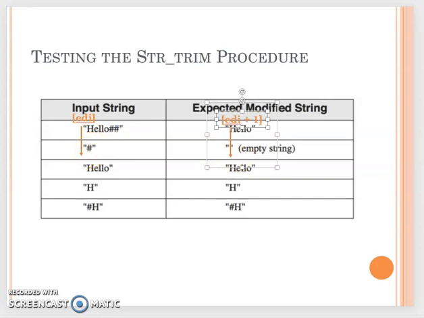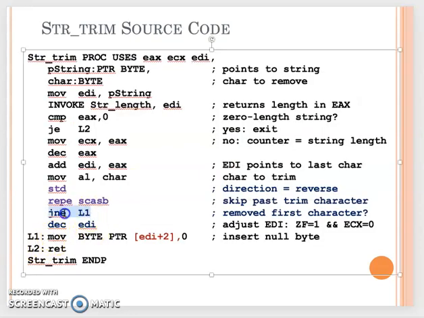I hope you can see that, okay? So because in this situation, if I finish with not 0, I add 2. But if I finish, it's because what? If the loop finishes because they are all the same, but they finish with ECX equal to 0, then EDI, if I plus 2, is wrong. So that's why here they decrement the EDI by 1, just to make sure that when I add the null character, it will be correct.